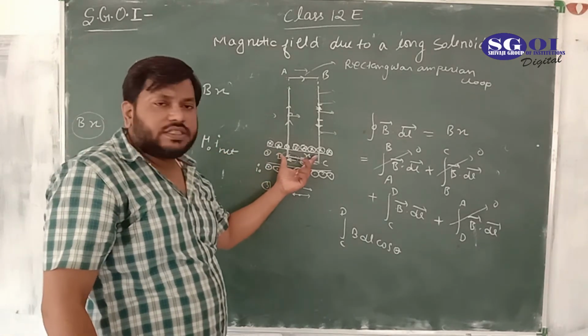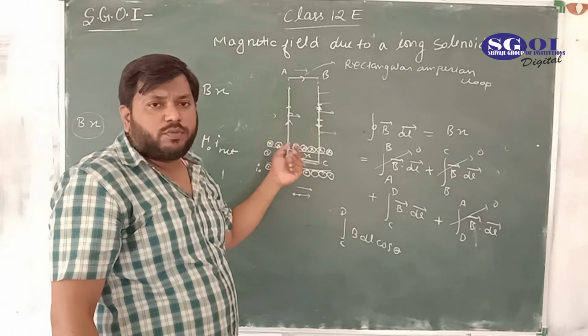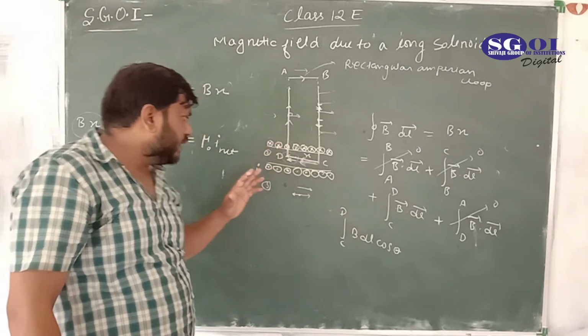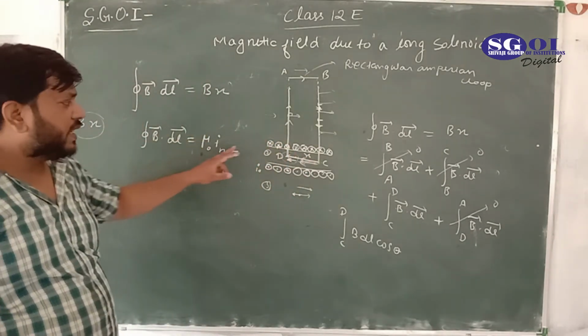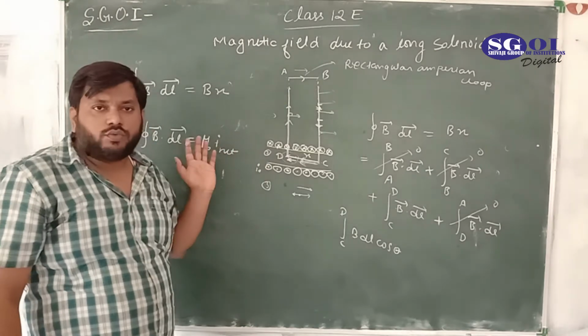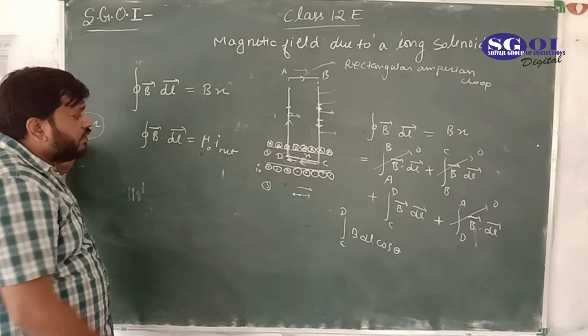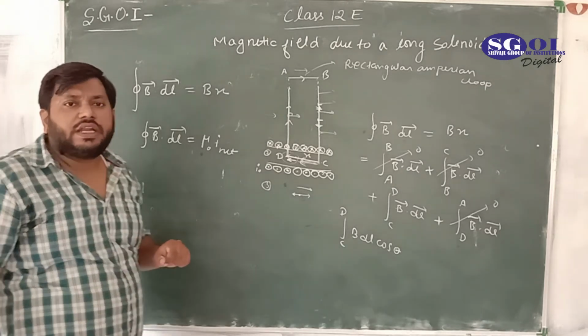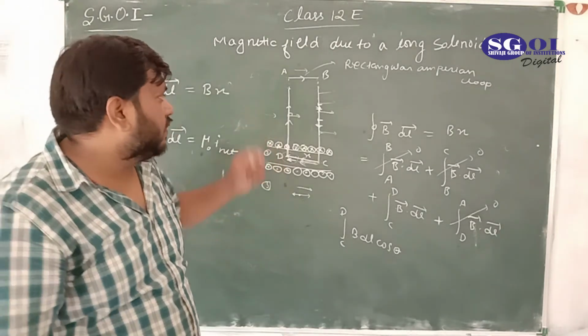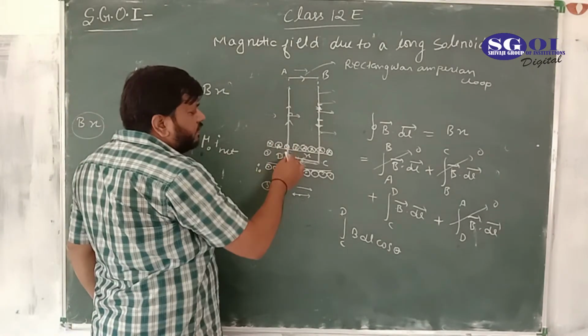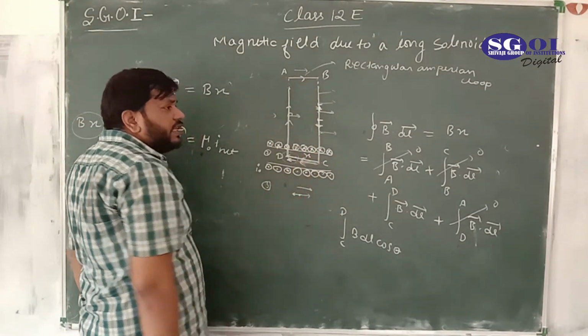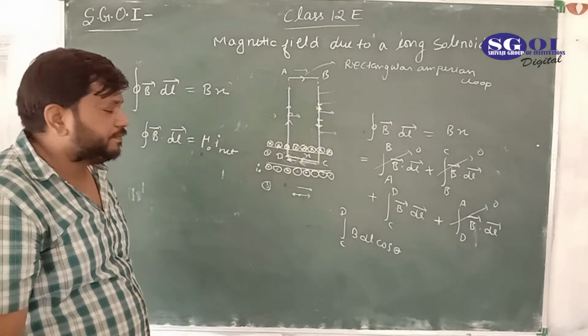If inside this solenoid there is no magnetic material, air or vacuum we can say, so it is mu naught. If there is magnetic material, we can say here mu. So it is mu naught times I net. I net is what? The net current passing through this curve. So this is the curve, and what is the net current passing through this curve?